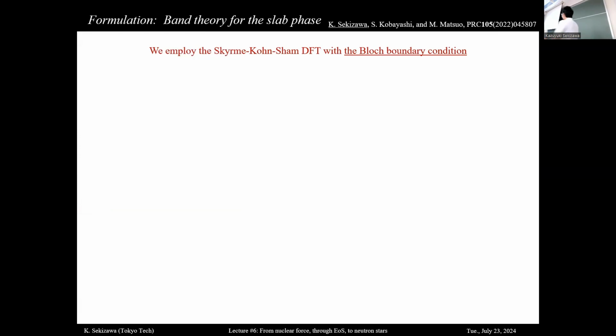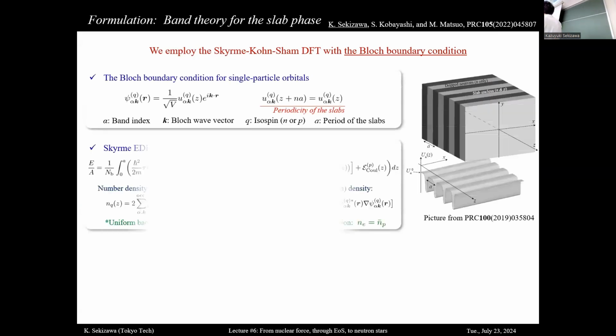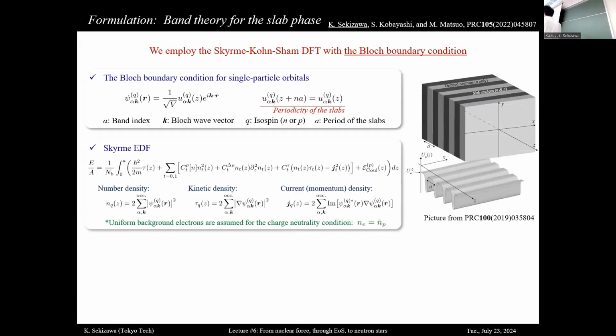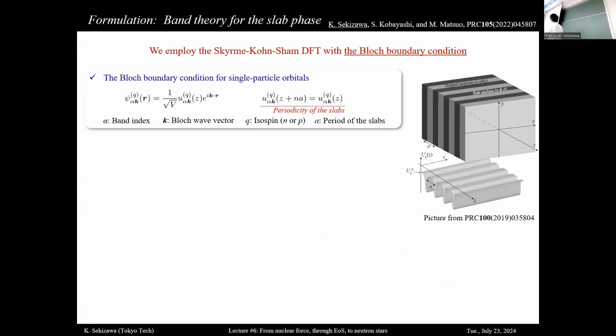Okay, so now I will just mention what we did. What we should do is to introduce the so-called Bloch boundary condition, which we may learn in solid state physics. The point is that the single particle wave functions have the periodicity of the potential.